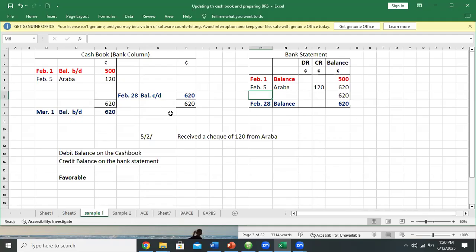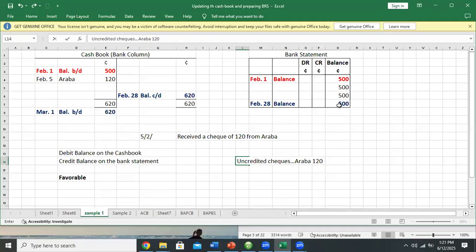Now my question is, if the check is sent to the bank and the bank has not done the credits in respect of Araba, then what is happening? It means that we have what we call uncredited checks. In this scenario, it is the check from Araba, which is 120 cedis. So you realize that because this check has not been credited by the bank, our cash book is showing 620.